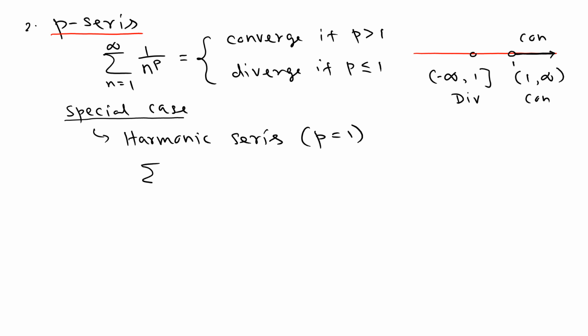So that means sigma n going from 1 to infinity, 1 over n to the 1, so it's simply 1 over n. You write the terms, you get 1, and then when you apply n equal 2, 1/2, n equal 3, 1/3, like that. That's the harmonic series. And according to the P series test, because here p equals 1, this one diverges.